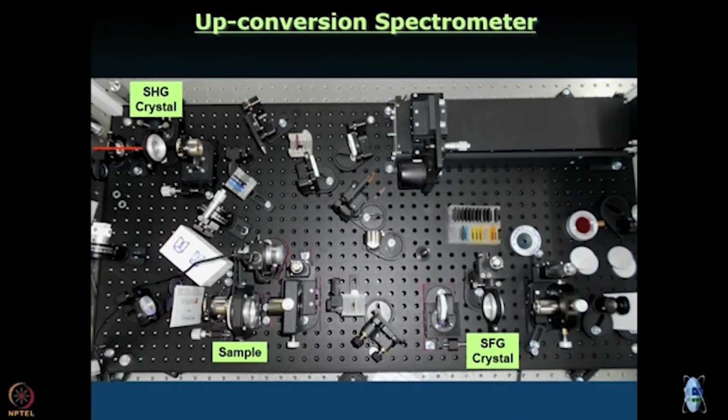Now, what happens in the second harmonic generation crystal is that, as I said, two photons join up to give you one photon. So, suppose I am using 800 nanometer light. What will be the wavelength of the sum frequency photon? This one is very easy, it is going to be half, right, 800 by 2, 400. But while doing this, please remember one thing, that you have to add frequencies, not wavelength.